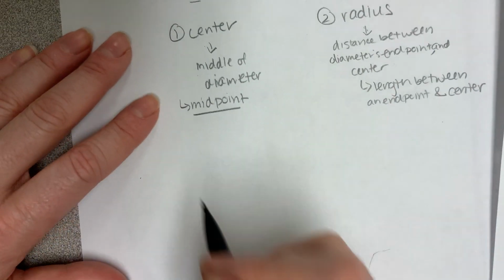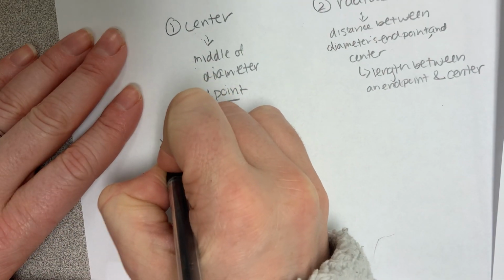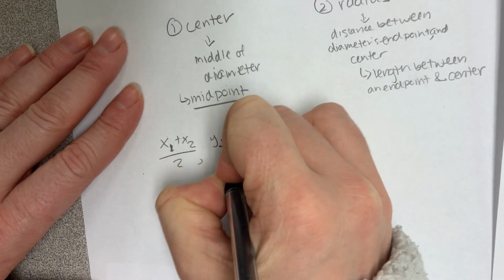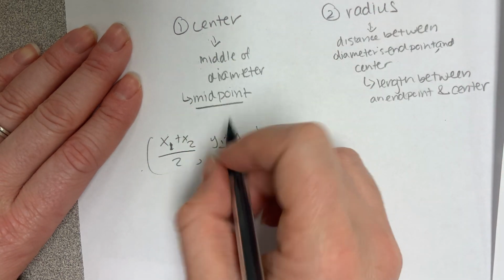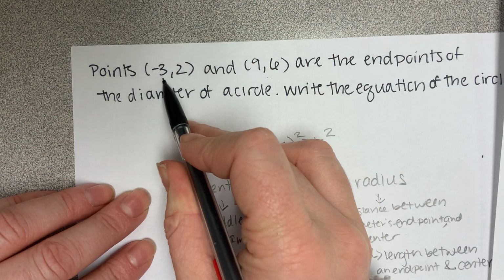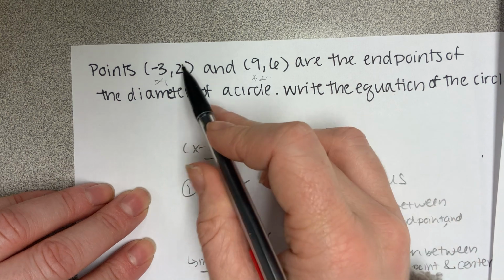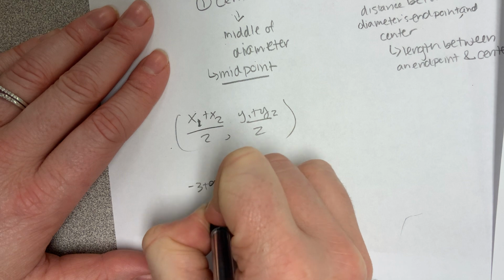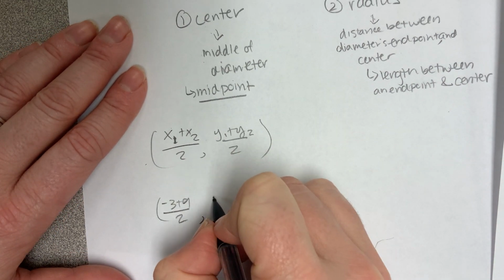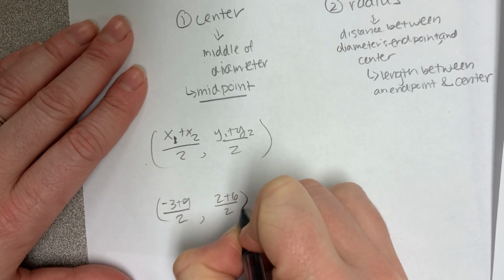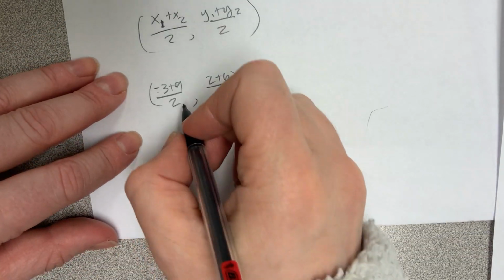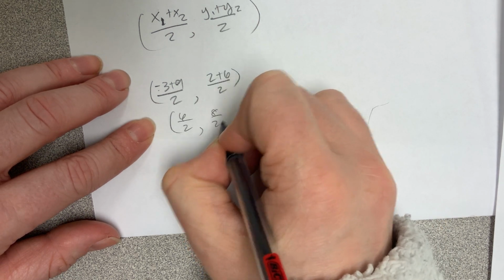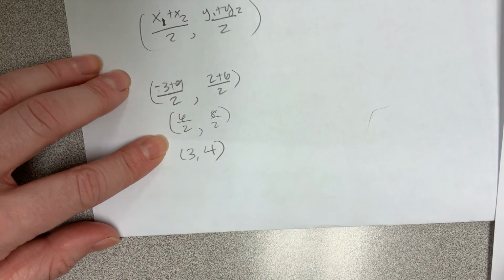We need to remember our midpoint formula: (x1 + x2)/2, comma (y1 + y2)/2. So we take (-3 + 9)/2 and then (2 + 6)/2. -3 plus 9 is 6 over 2, and 2 plus 6 is 8 over 2, so our center is (3, 4).